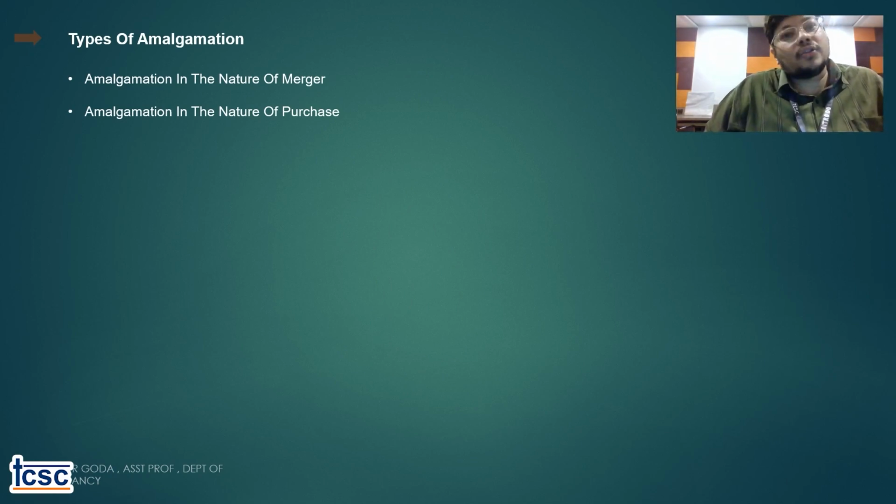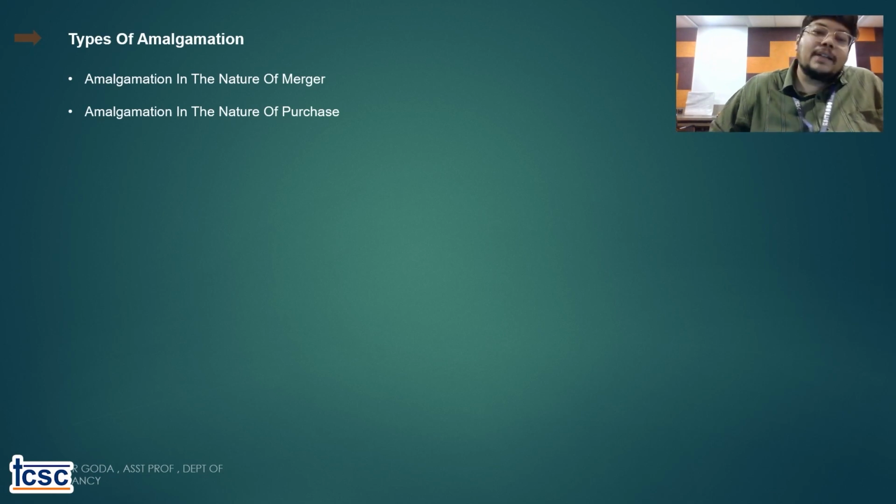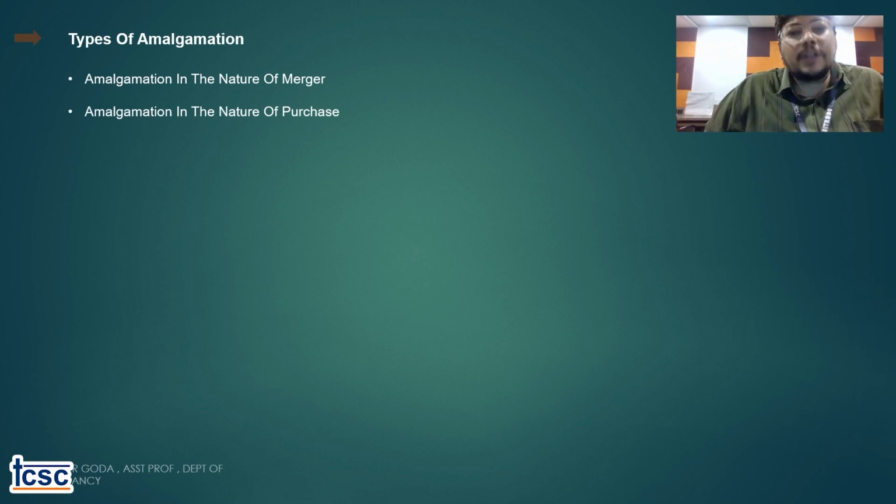Amalgamation in the nature of merger as well as amalgamation in the nature of purchase. Dear learners, as far as the syllabus of our college is concerned, it is amalgamation in the nature of purchase which is going to be there in our syllabus. Amalgamation in the nature of merger is not there in our syllabus. So we are going to majorly focus on amalgamation in the nature of purchase in the coming sessions.